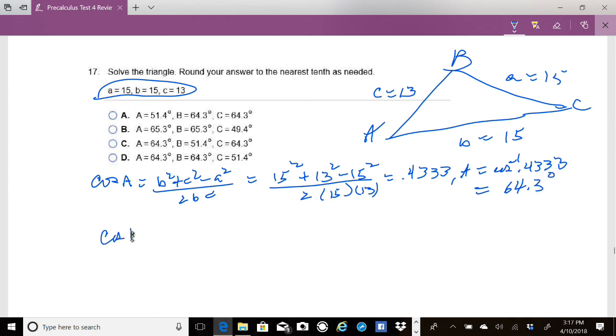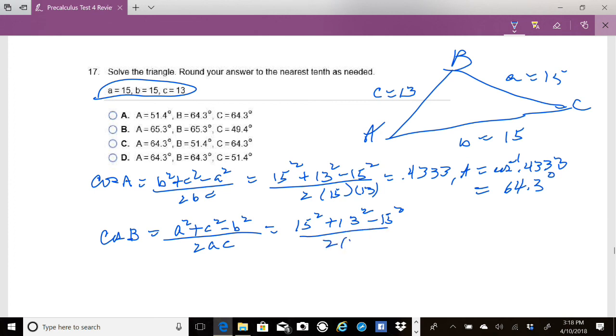Cosine of B is A squared plus C squared minus B squared over 2AC, which is 15 squared plus 13 squared minus 15 squared over 2 times 15 times 13.